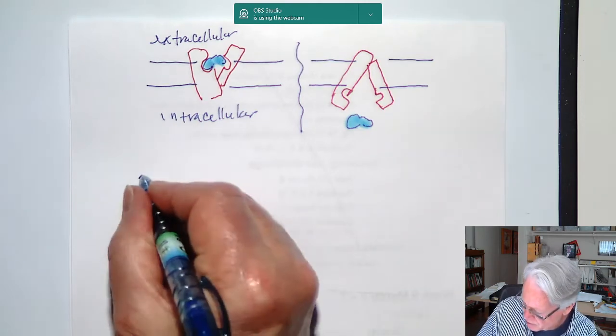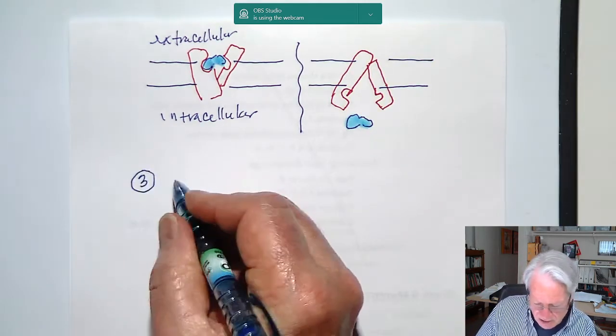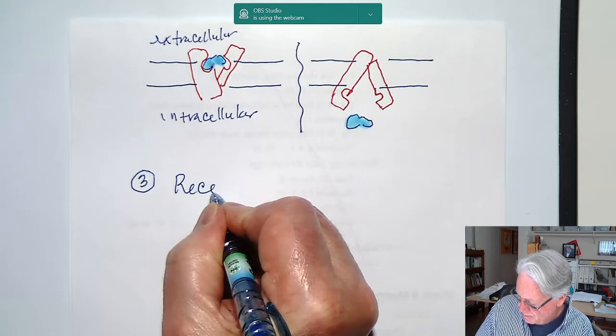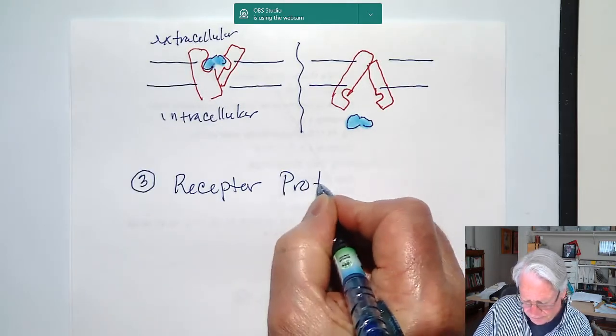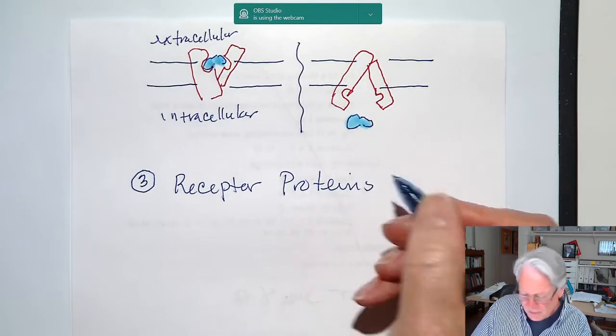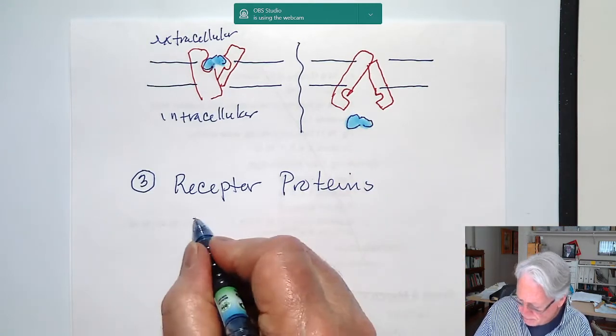The third type of protein are receptor proteins. These are also integral.